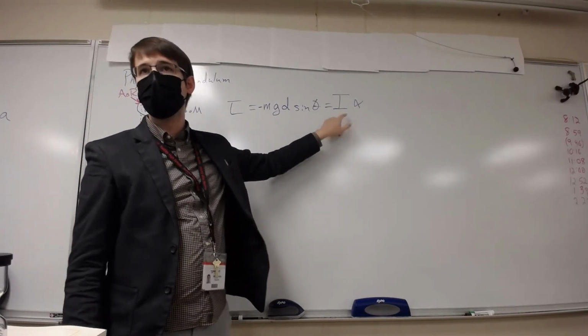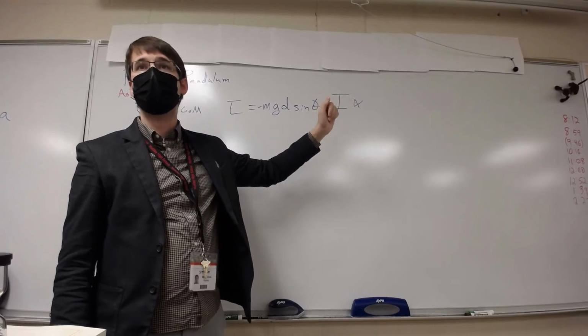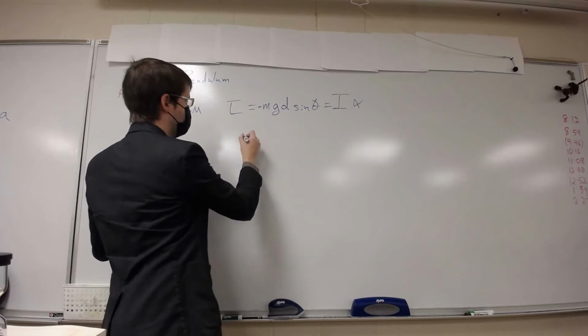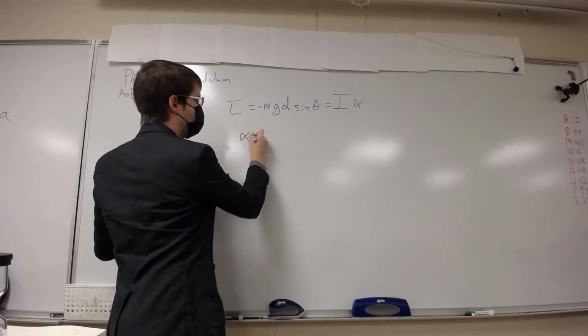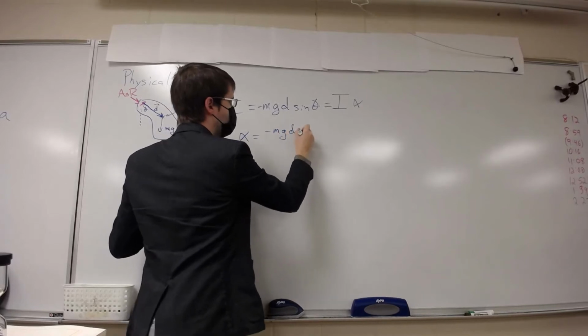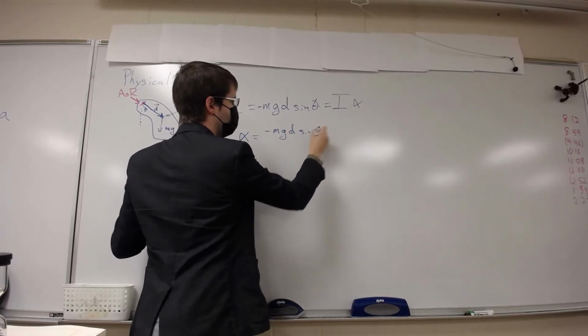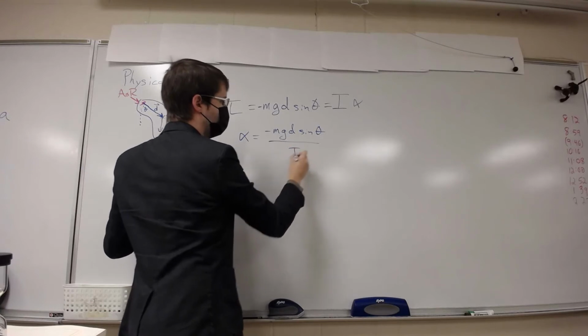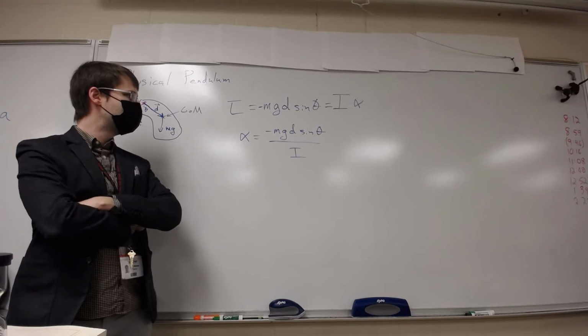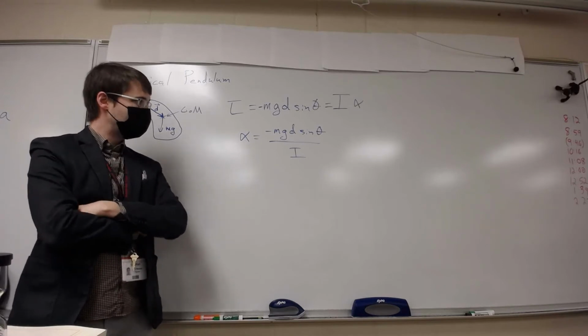So basically all we have to do is divide both sides by the rotational inertia I. And so this is what we get: alpha is equal to minus mg d sine theta over I. And again, this is kind of new for all of us with this one, so just sort of follow along and see what you get.